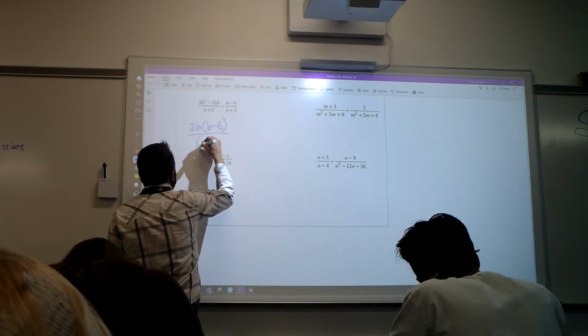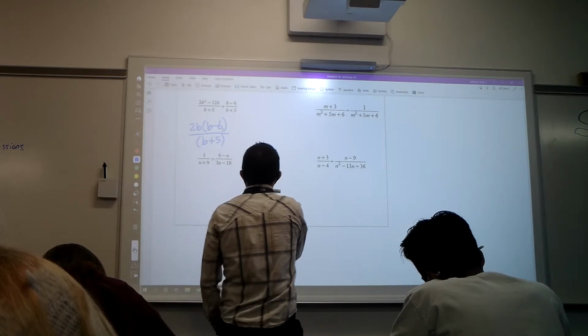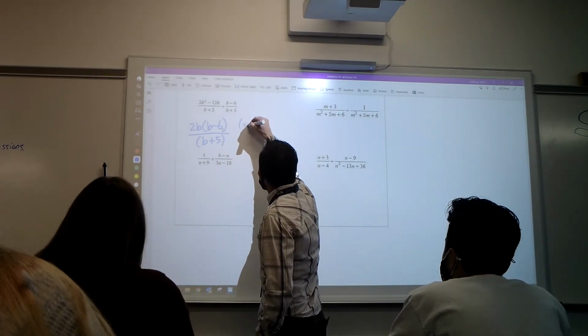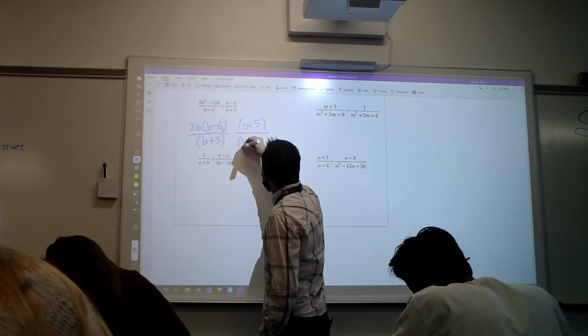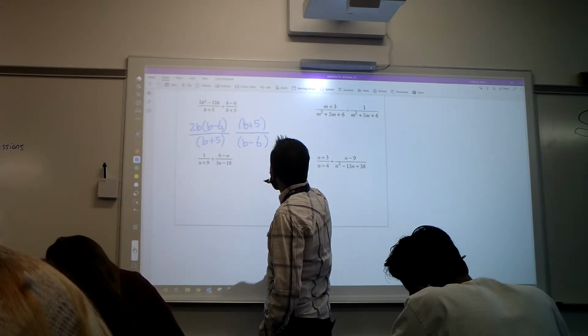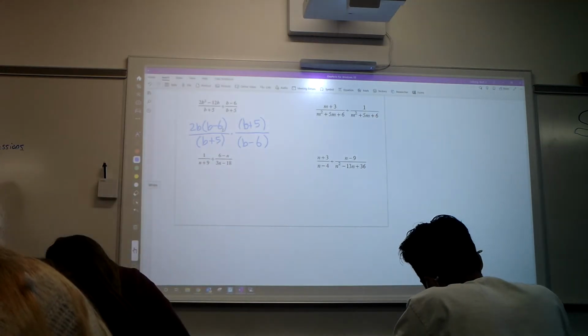So the b plus 5, that's on the bottom. How would I write this so I keep, change, flip? b plus 5 over b minus 6. There we go. So we keep, change, flip while we factor, and great.